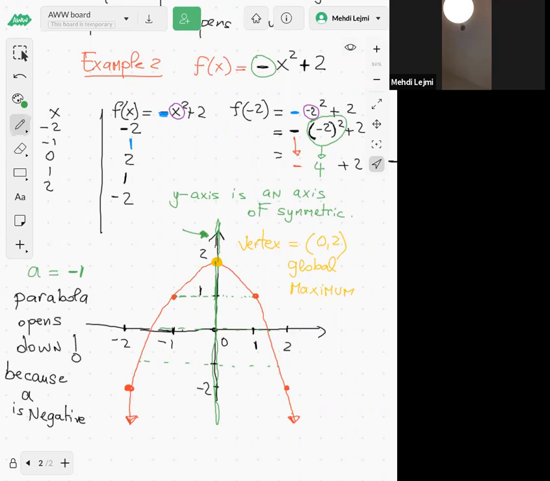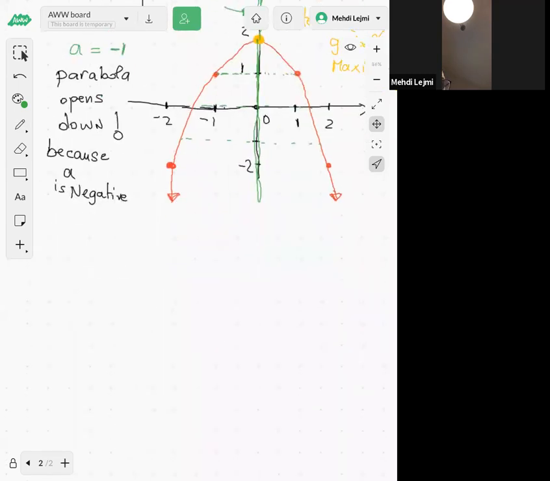Now I'm going to give you all the steps for how to graph quadratic functions. So in general, yes, Eliani, absolutely.